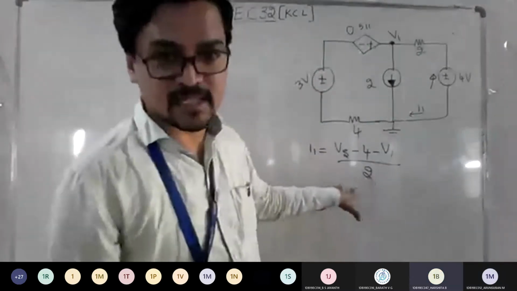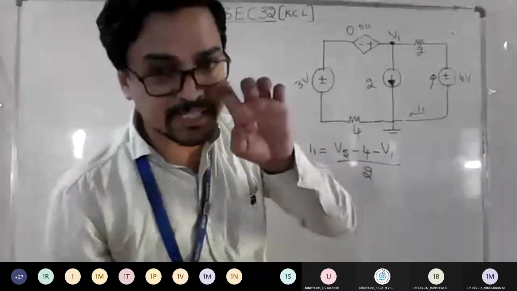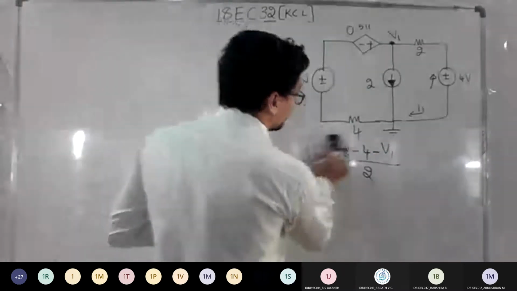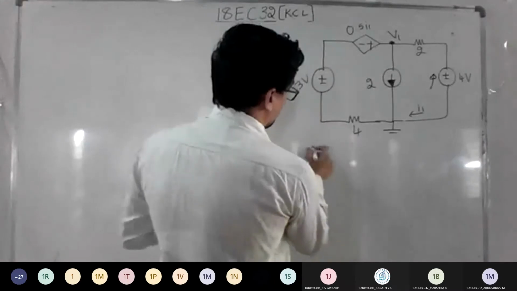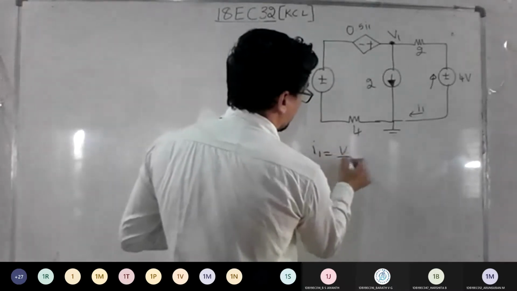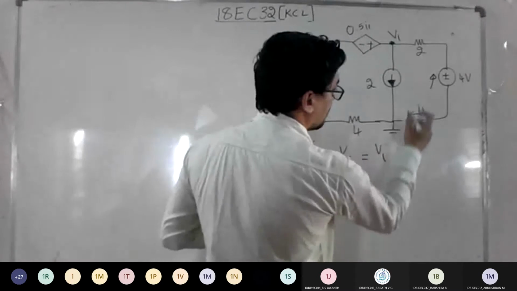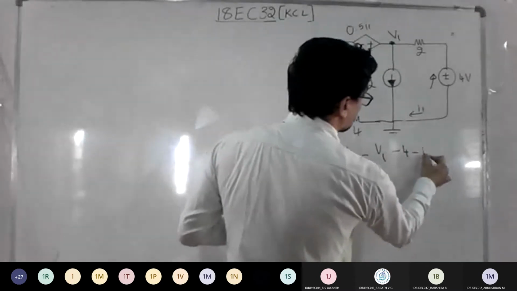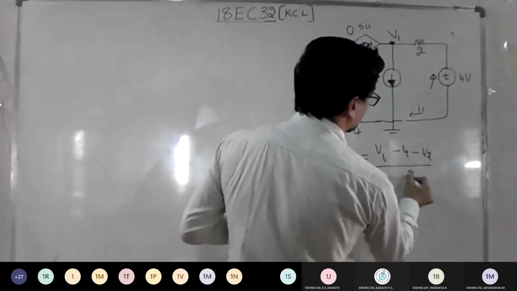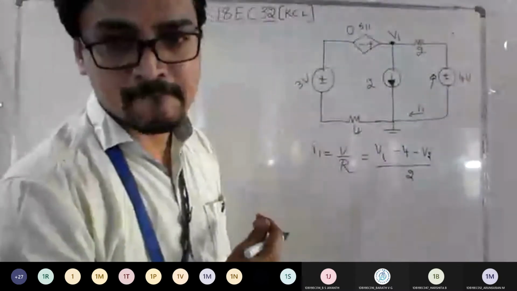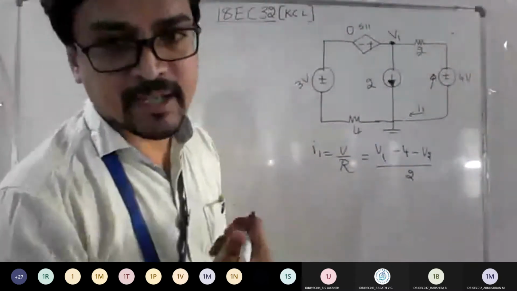See, this assumption comes by seeing the direction, correct? If you don't look at the direction, how will you write? In general, I equals V by R. So how many voltages do you have? V1, then minus 4, minus Vs, divided by 2. Is this the way we write? Yes or no? Am I correct or not?